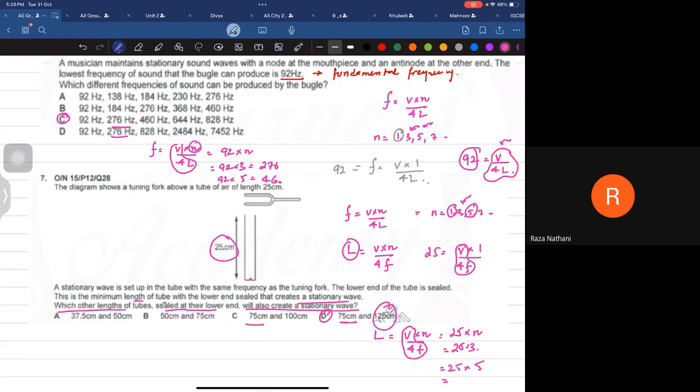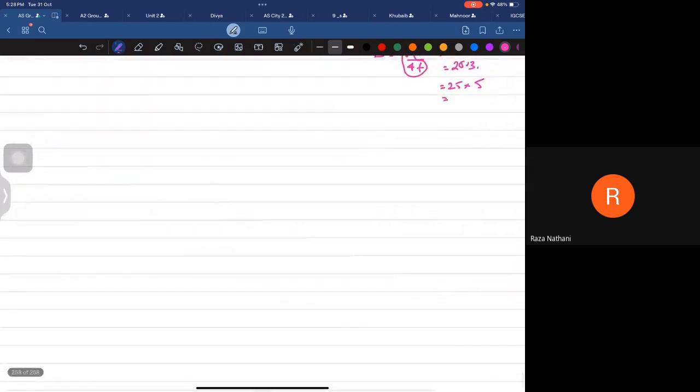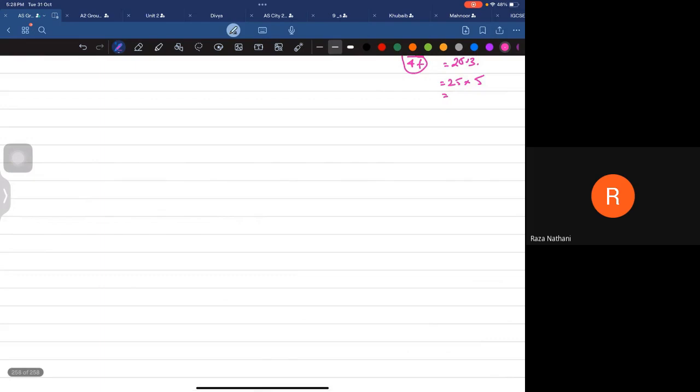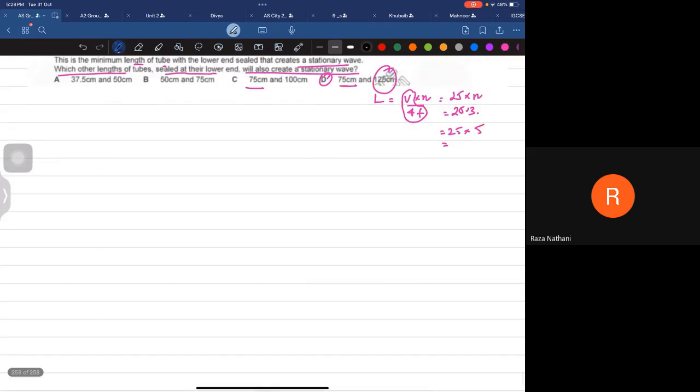Now we have three experiments to determine the speed of sound using stationary waves. These experiments will be asked in paper one and paper two. They're not really related to paper three.